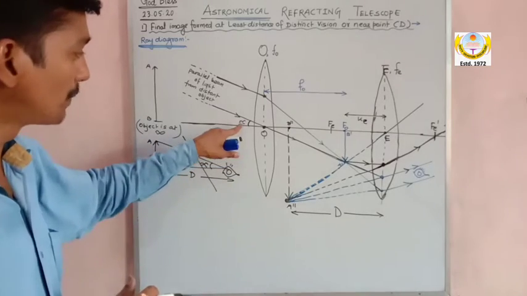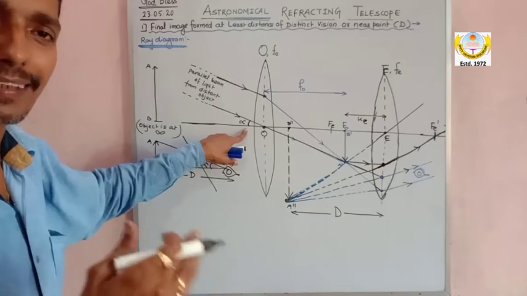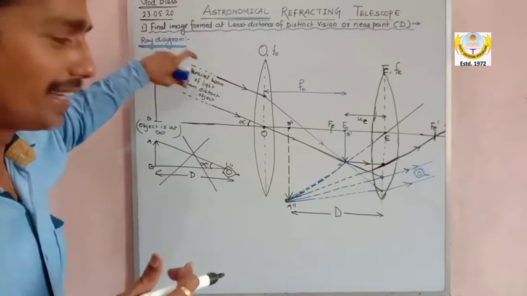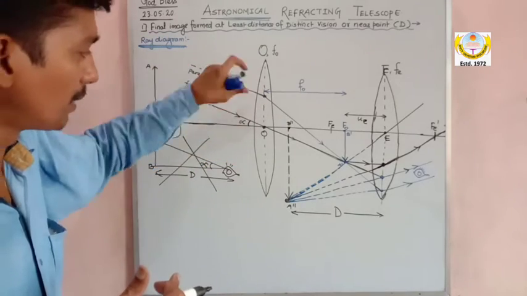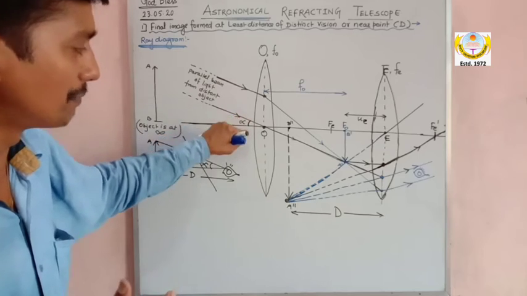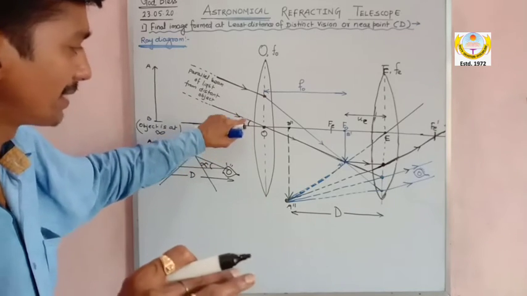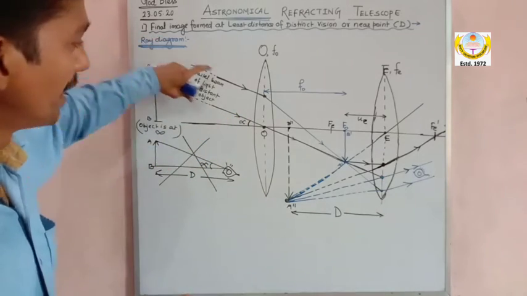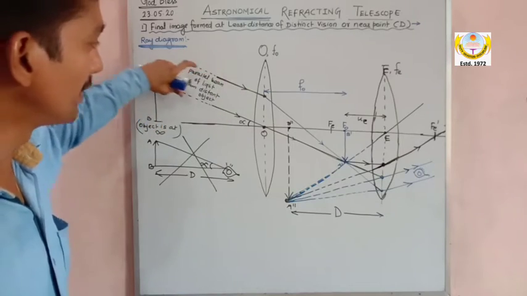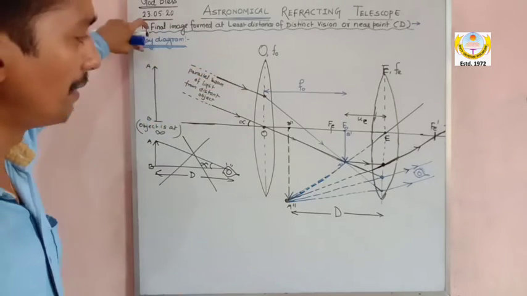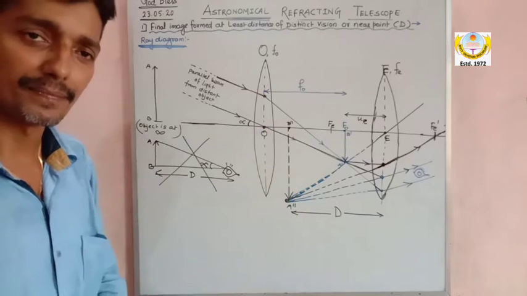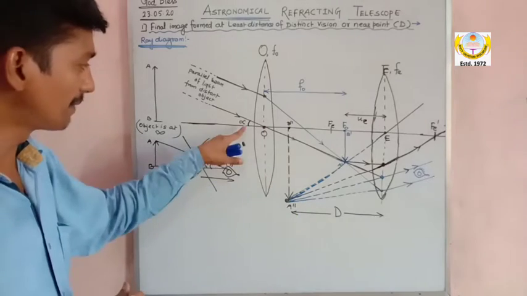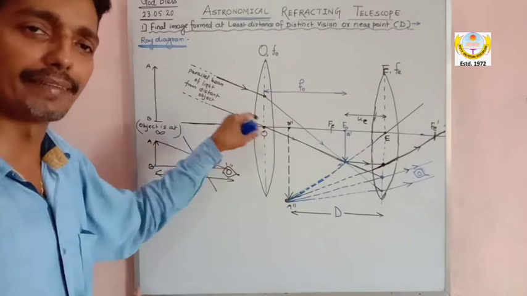In a telescope, the angle alpha subtended by the object is on the objective lens itself, because it is magnifying the object coming from infinity.